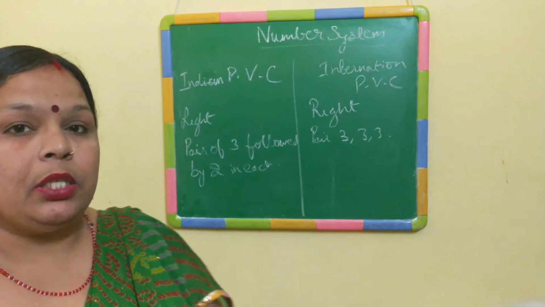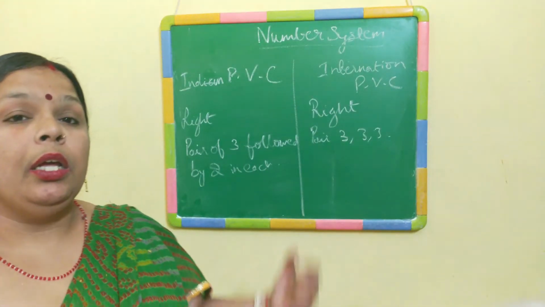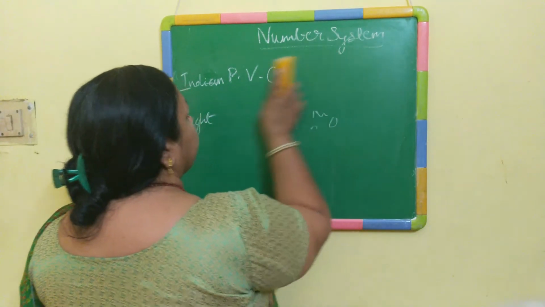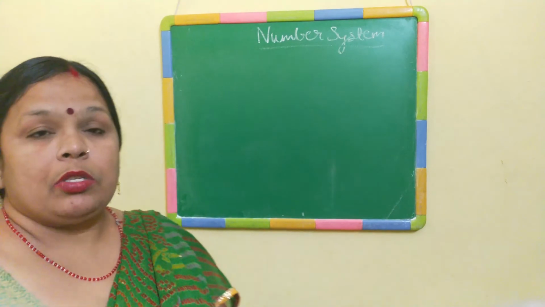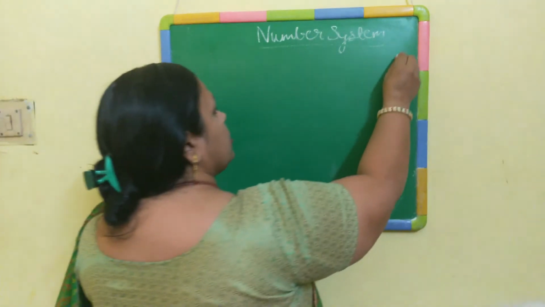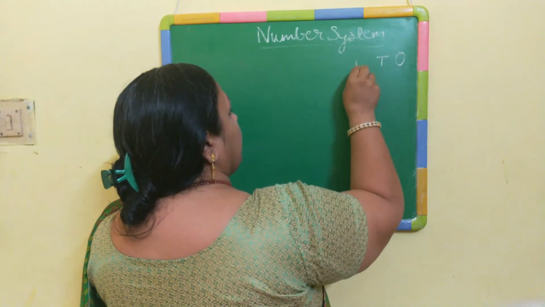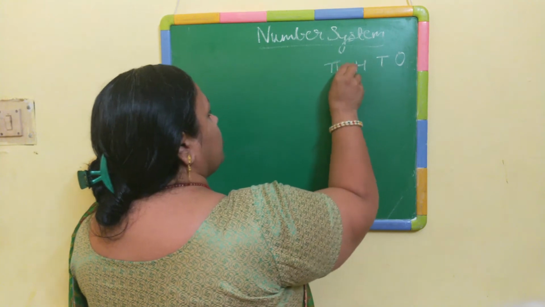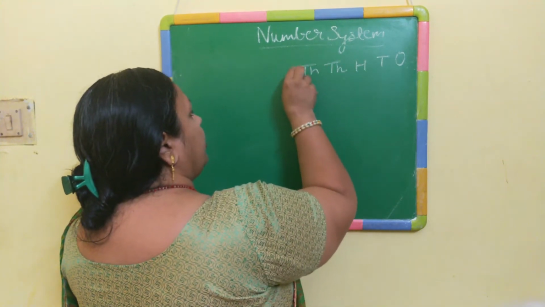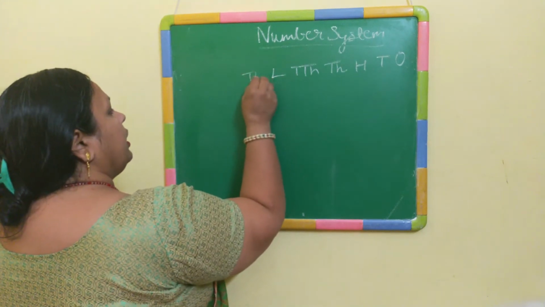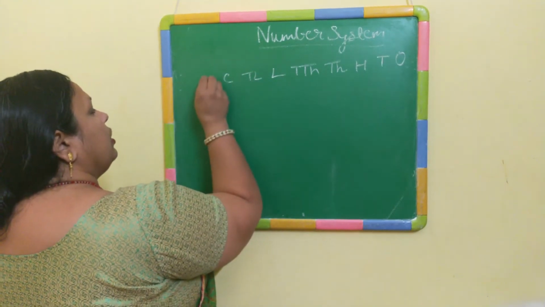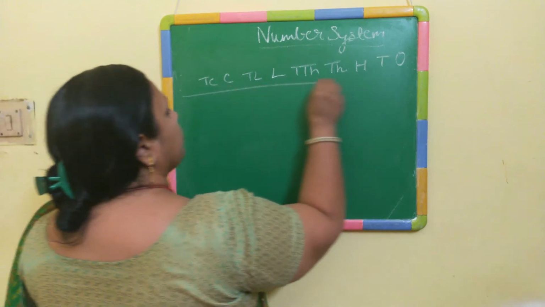Now let's see in detail the Indian place value chart. It starts with ones, tens, 100, 1000, 10,000, lakh, 10 lakh, crores and 10 crores.